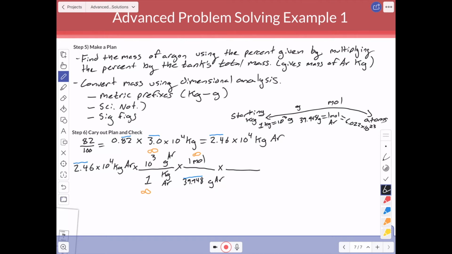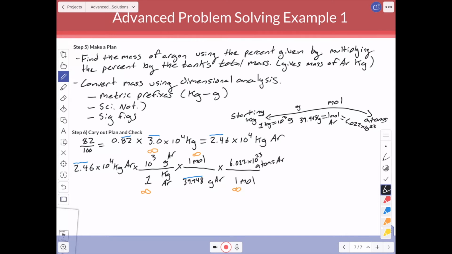Next conversion factor will be our last. This is the one that scientists came up with. 1 mole. The idea of the mole is a counting number. It's infinite. However, the number we came up with was scientifically determined. 6.022 times 10 to the 23rd atoms of argon.